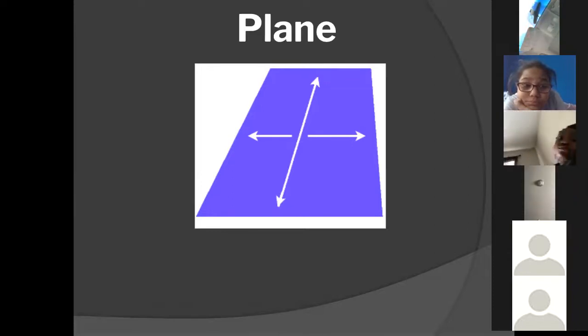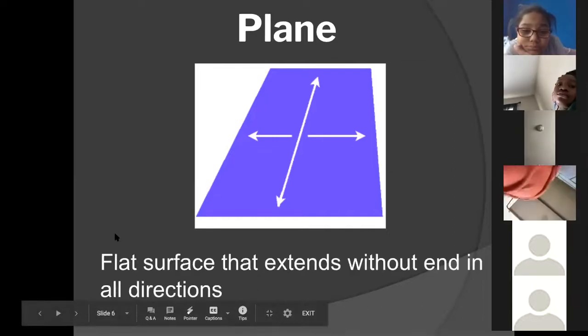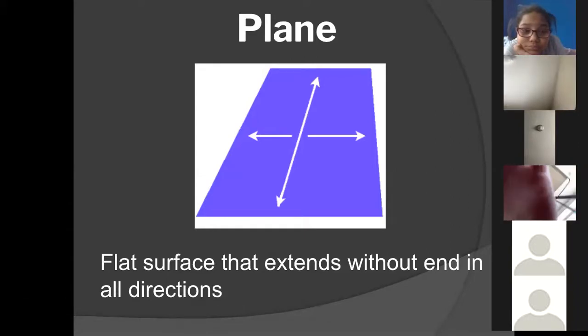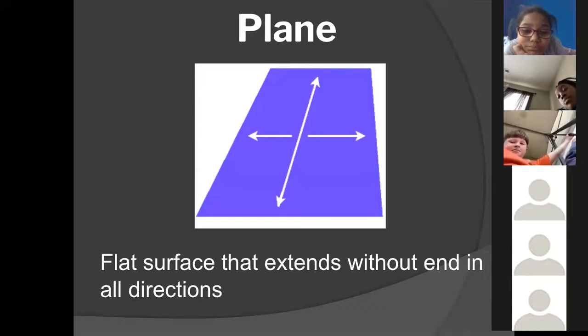A plane is a flat surface that extends without end in all directions. An easy thing to think of is the side of a flat piece of paper, or the side of a rectangular shape.